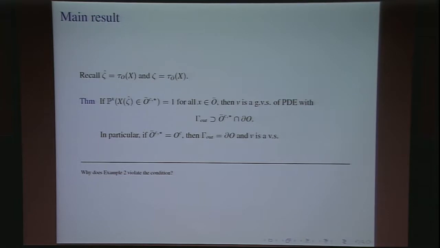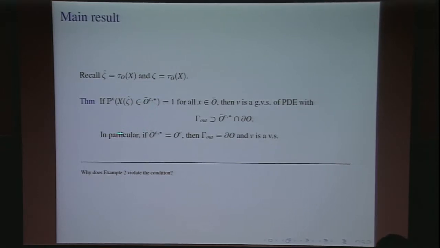So the assumption says, when V is a generalized viscosity solution of the PDE, if you run the process from X, then X, zeta hat is in O bar complement star.